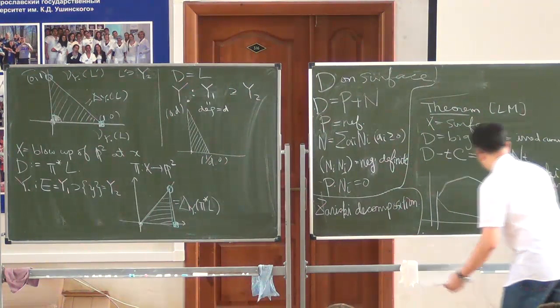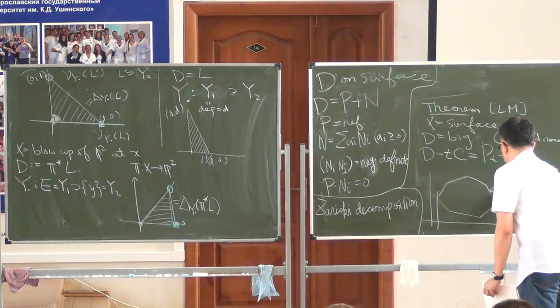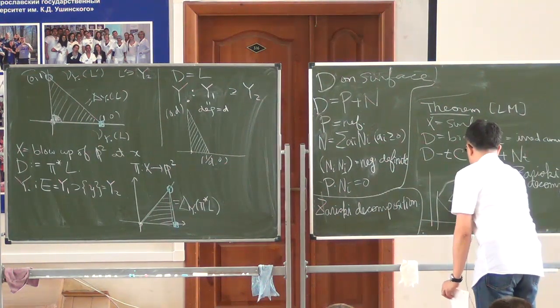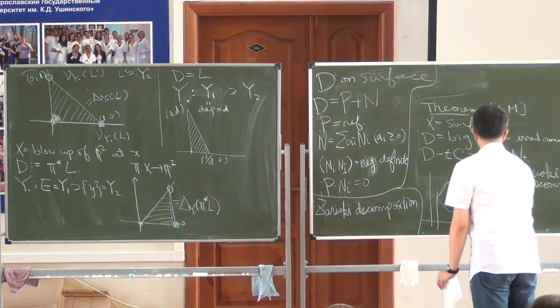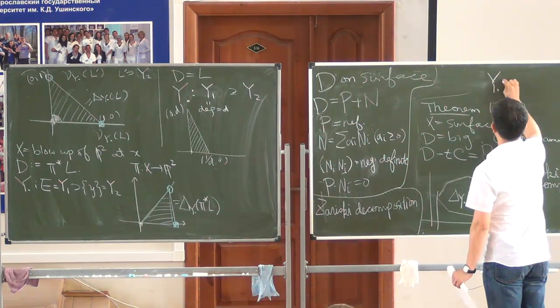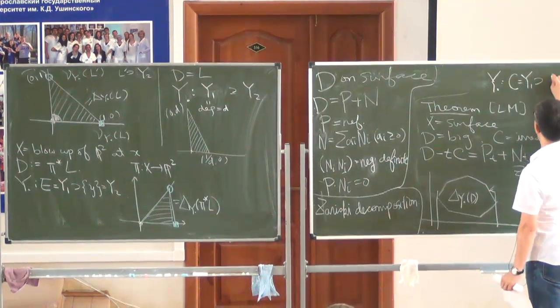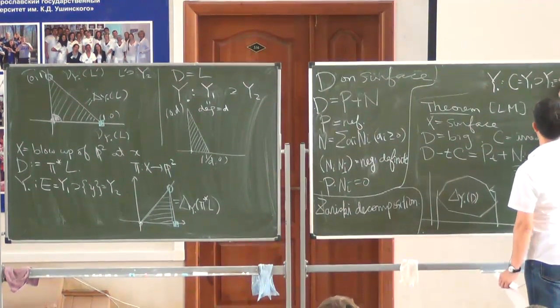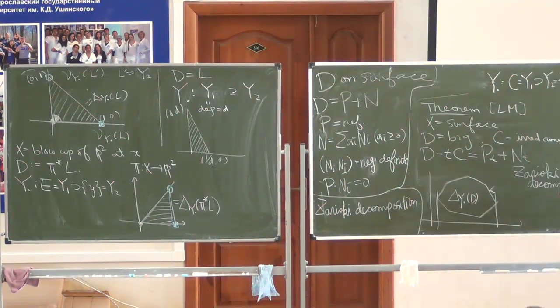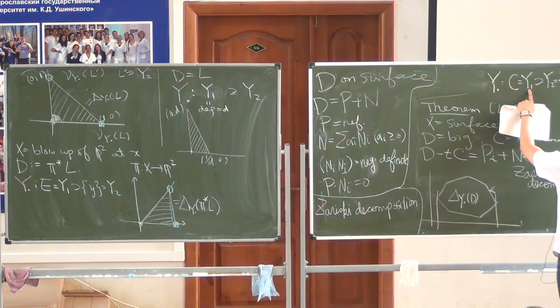I'll just say briefly, this is the Okounkov body of the divisor D, where your flag is C and a point, so this C is your Y1 in the flag.